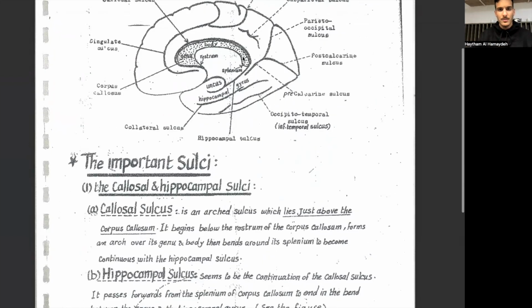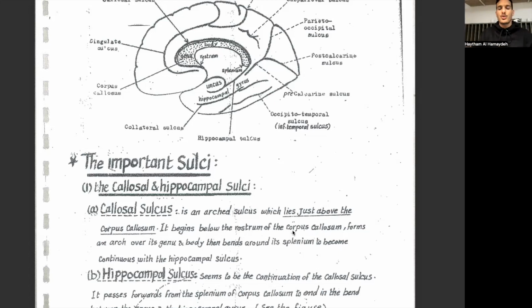The corpus callosum is one of the largest portions of the brain where large tracts connect the left hemisphere to the right hemisphere. So above the corpus callosum lies the callosal sulcus.